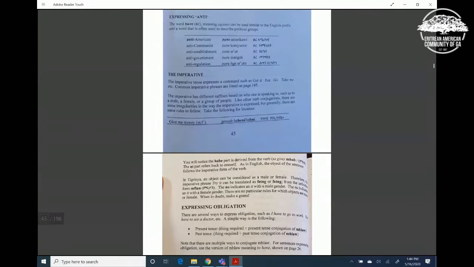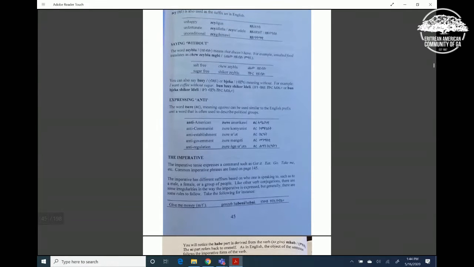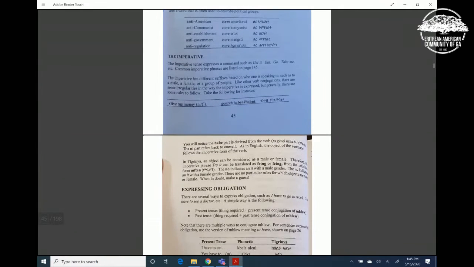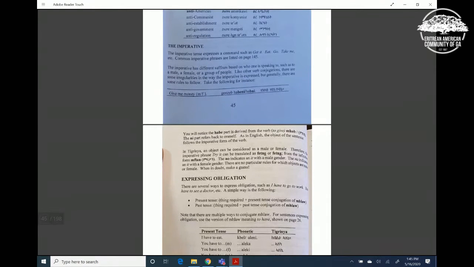The imperative tense expresses a command such as get it, go, take me, etc. Common imperative phrases are listed on page 45. Give me money. ገንዘብ ሀበኒ.